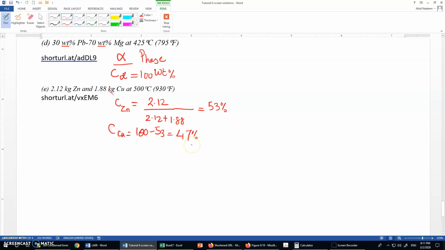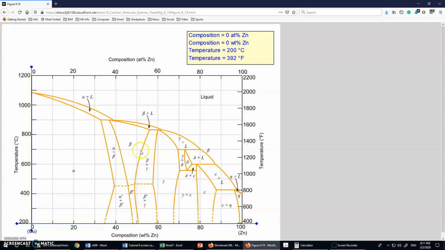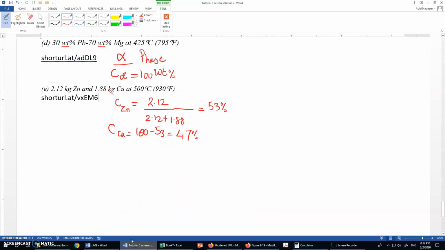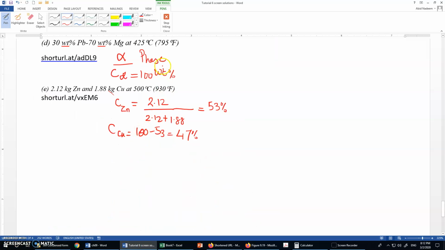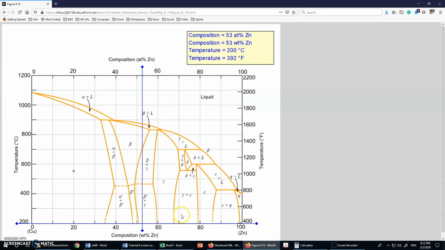So now I move to the zinc and copper diagram. I need the composition of zinc. Zinc is 53%, 53% zinc here, and the temperature is 500 degrees centigrade.